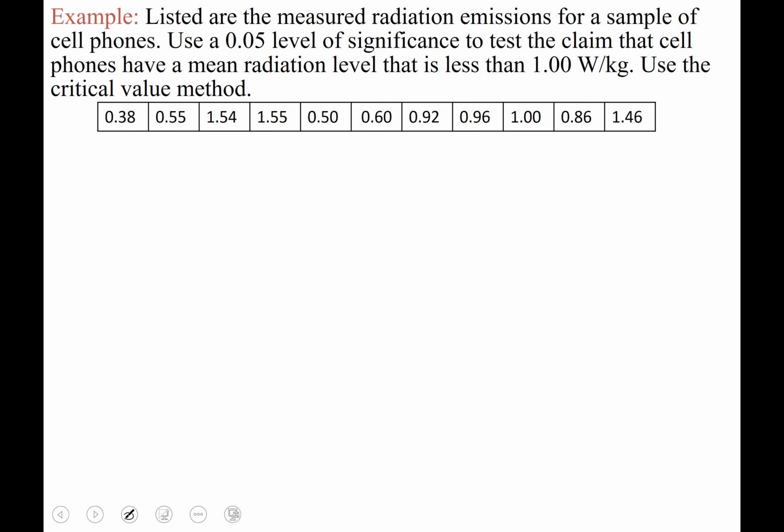All right, let's try our first example. Listed are the measured radiation emissions for a sample of cell phones. Use a 0.05 level of significance to test the claim that cell phones have a mean radiation level that is less than 1 watt per kilogram. And they very specifically are requesting that we use the critical value method.